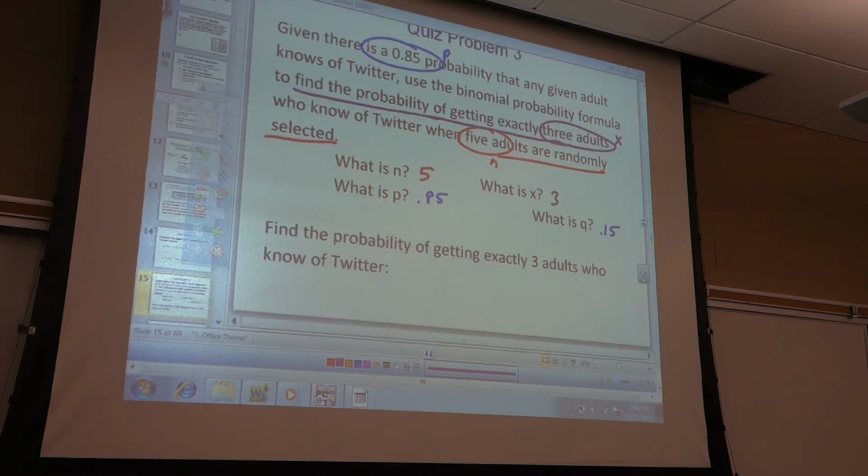Okay, so has everyone found this probability yet? If not, do it right now. Find your probability. Write down what it should be. Blank, blank choose blank, times blank to the blank, times blank to the blank. Write it down. You've got 15 seconds to write it down.